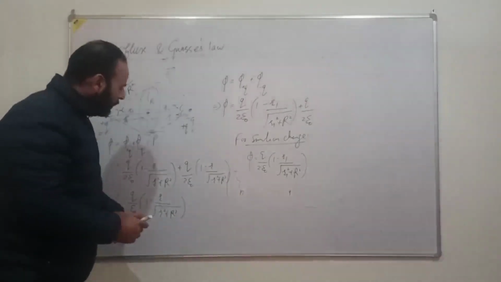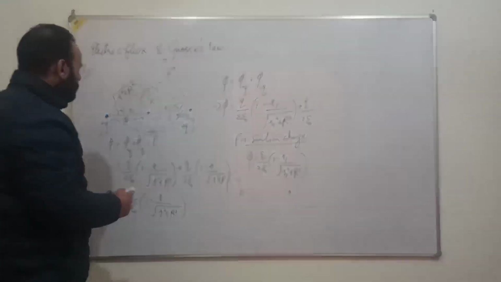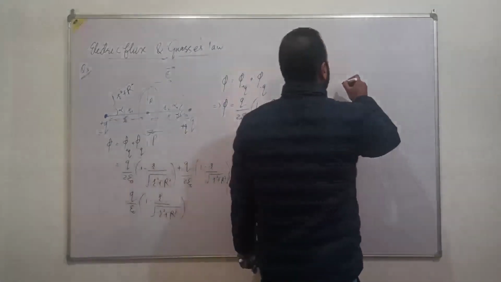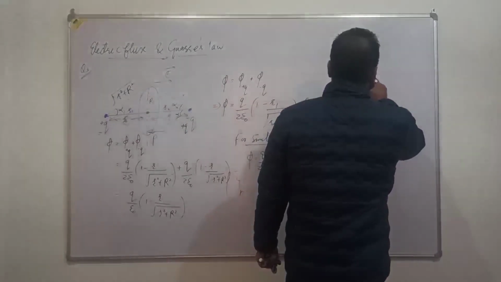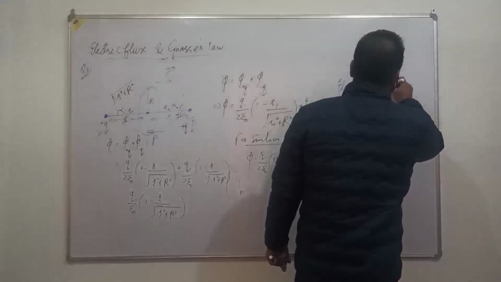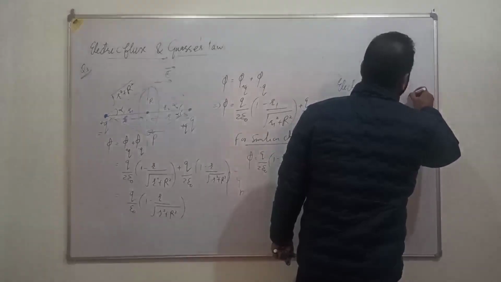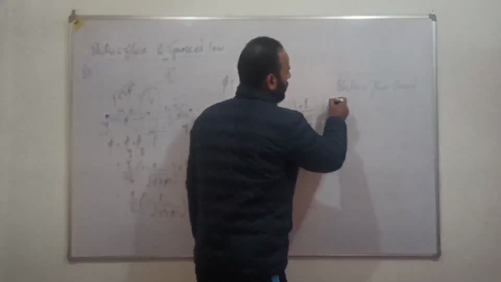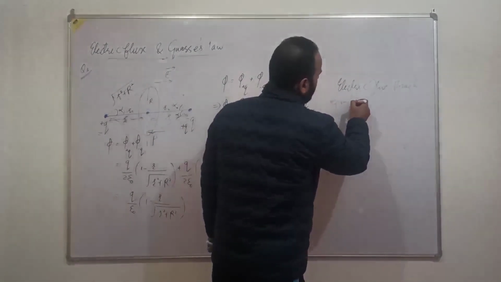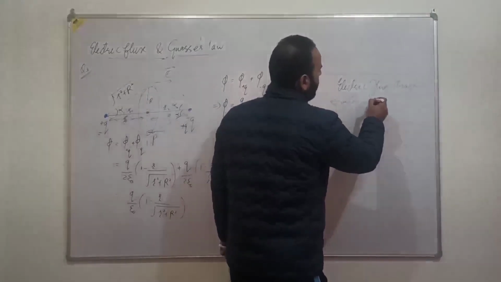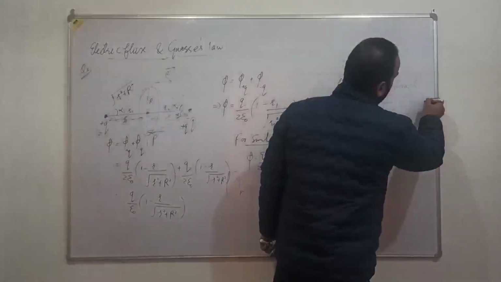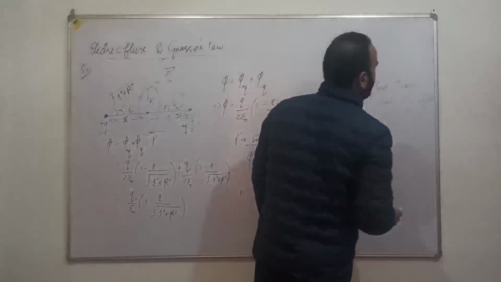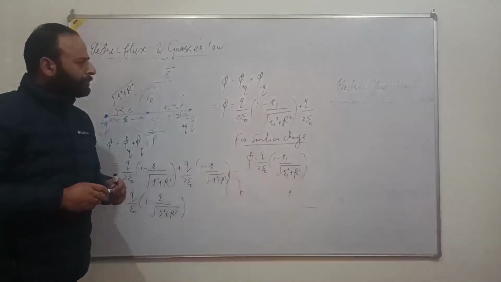So from this relation we have to calculate what is the electric flux through the equatorial plane of a dipole, right?